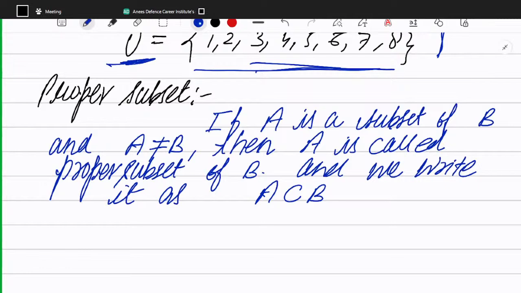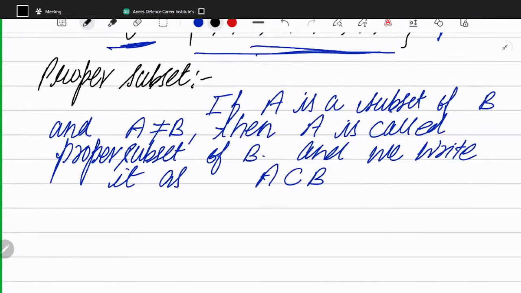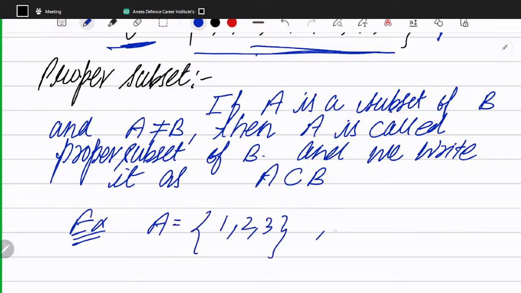The next one is comparable set. Definition of proper subset. Example, let's say set A is {1, 2, 3} and set B is {1, 2, 3, 4}.